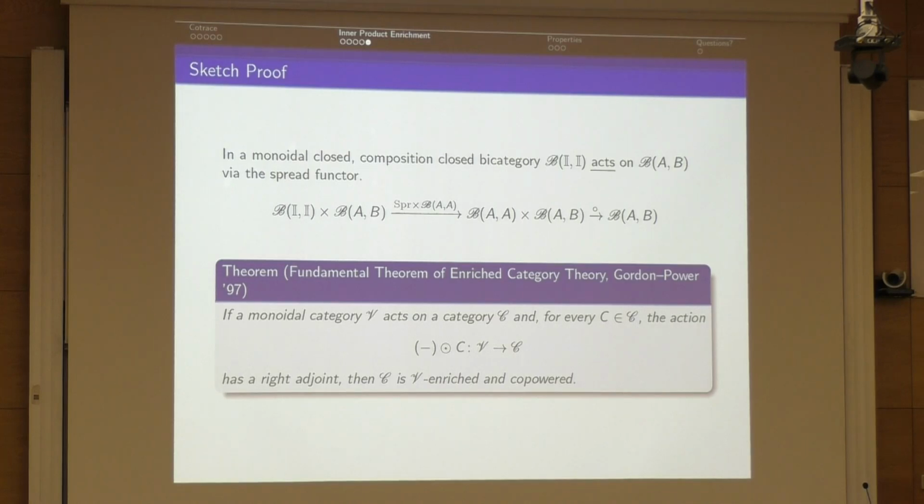I think it might have existed before that. But it's a generalization of the fact that symmetric monoidal closed categories are enriched over themselves. So if you've got some monoidal category V and it acts on some category C, then if that action has adjoints in an appropriate sense, then C is V enriched, and it's also co-powered, and the co-power is given by the action. So essentially, the main enrichment theorem just follows from a version of this fundamental theorem.